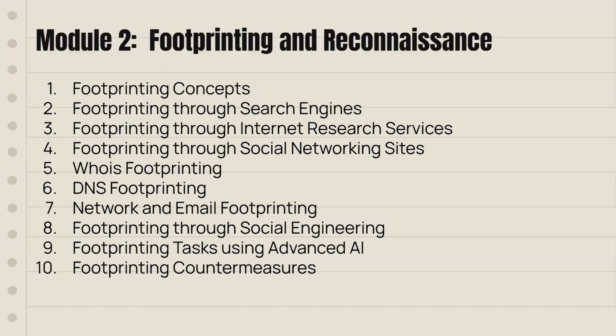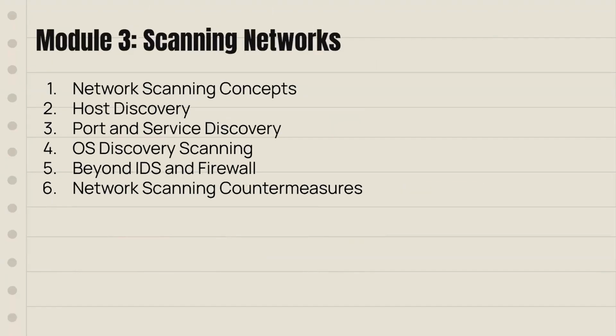Here we will get the information from search engines, social networking sites, and different kinds of footprinting methods. The goal of this chapter is to gather more and more information about that target. From that, we will check what useful information we have, and we use that information to go further and do a scan.